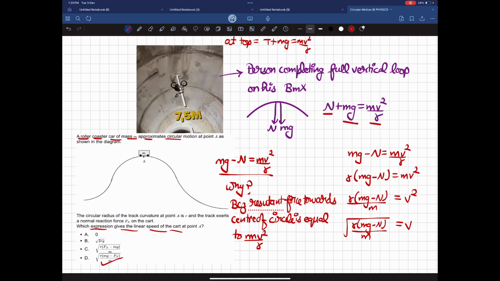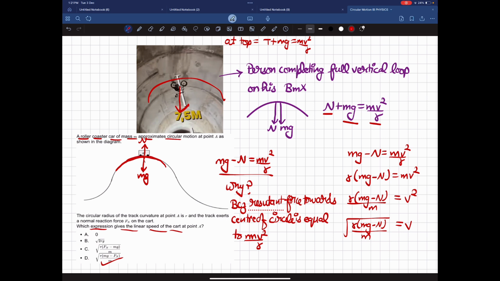First of all, where will the weight be acting? Weight should be downwards towards the center of circle. Alright. Normal force in this case should be upwards, because it is up the slope. It is up the surface, not below the surface. This one is below the surface, so normal is downwards. This one is on top of the surface, normal is upwards.